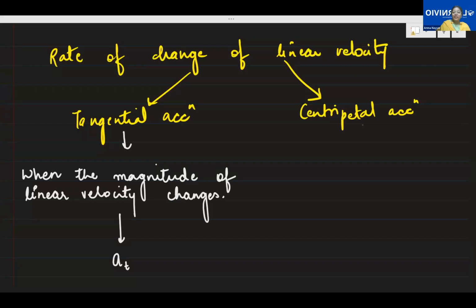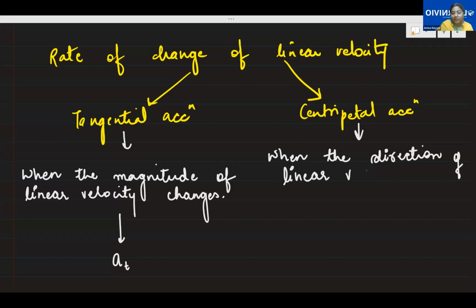Second is centripetal acceleration. That is when the direction of linear velocity changes. When the direction of this changes, then you get centripetal acceleration.